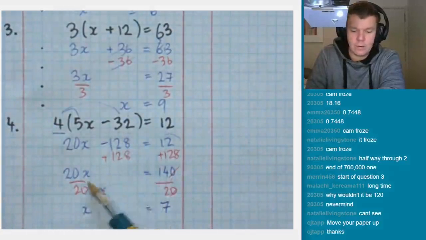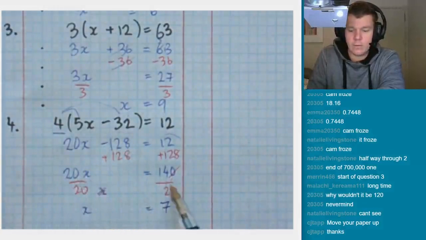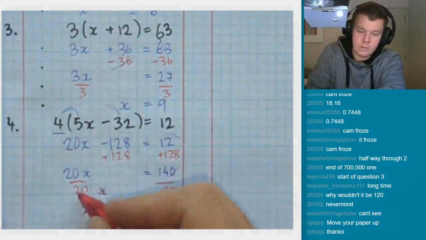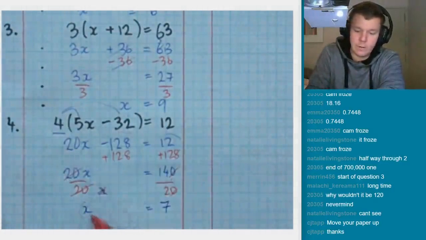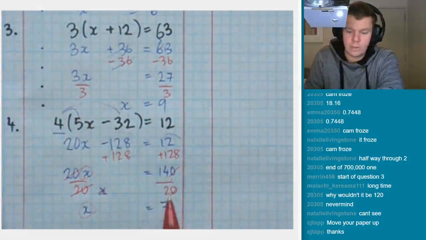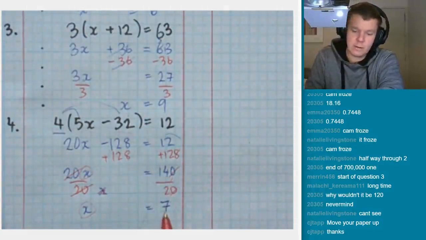Those end up cancelling, so you're just left with 20x. 20x equals 140. 20 divided by 20 will cancel those out, and you're just left with x. 140 divided by 20 gets you to 7, and you can do this 0 cancelling on the top.